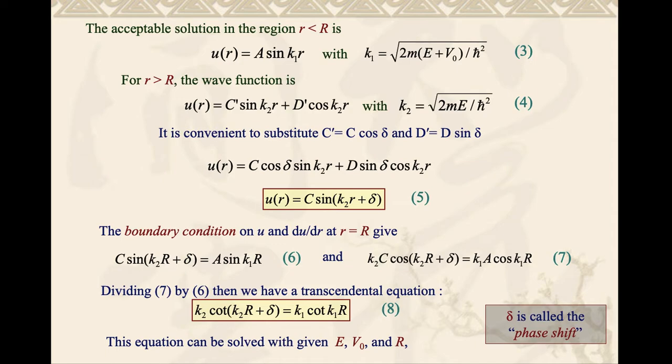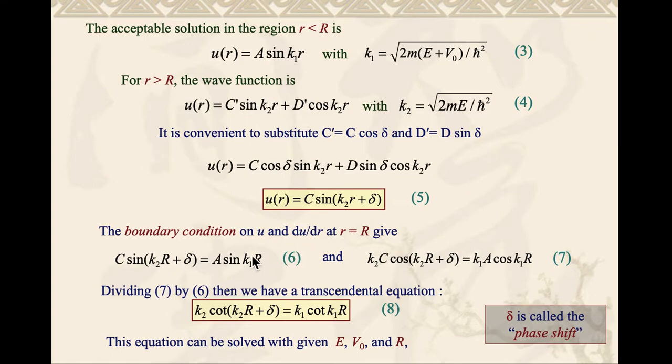That means on both sides of the boundary it is valid, and at the boundary these two values on the two regions, if you are taking it as first region and second region, at the boundary the value of u at the first region is equal to the value of u at the second region, and similarly the first derivative in the first region must be equal to the first derivative in the second region, and this is applicable at the boundary.